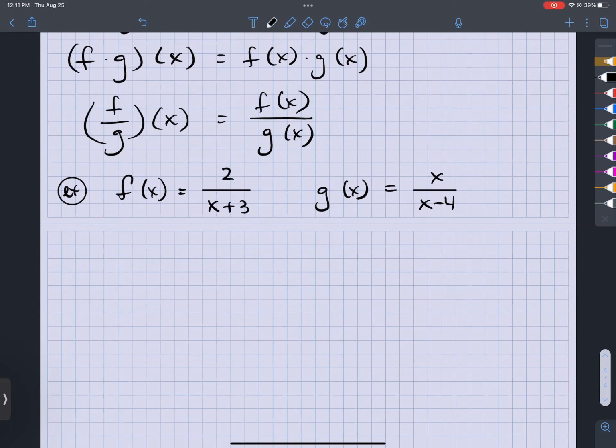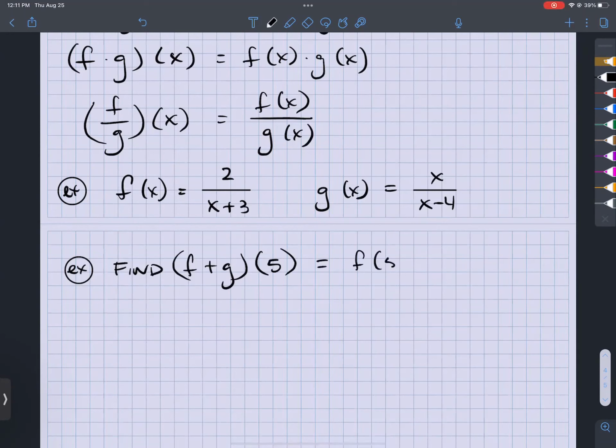Now, I could be nice and say, hey, find f plus g of 5, which tells me that I just have to find f of 5 and g of 5 and add them. Which you get what? 1/4 plus 5. Is that right?